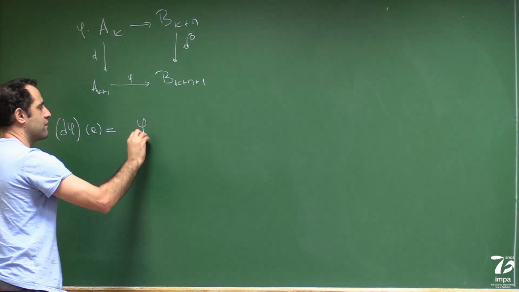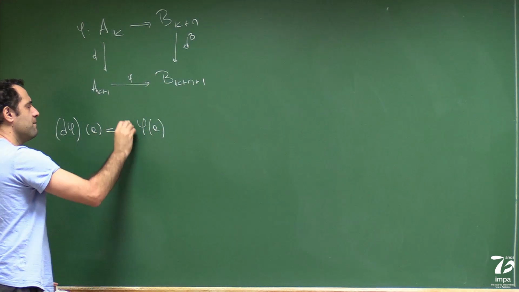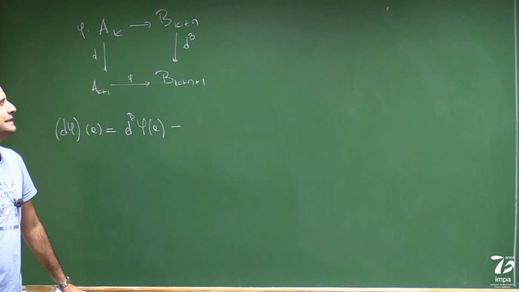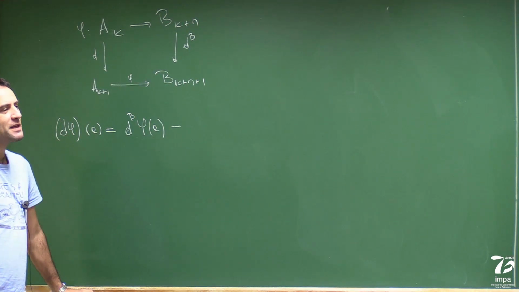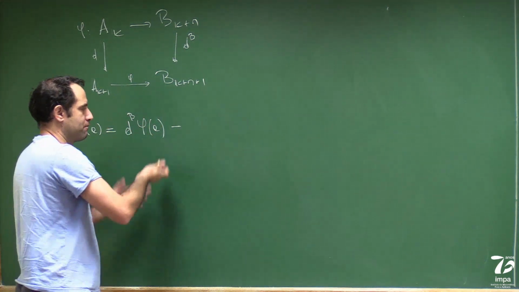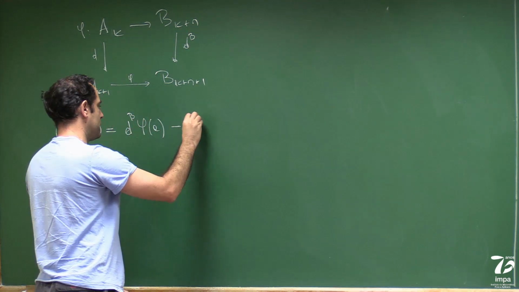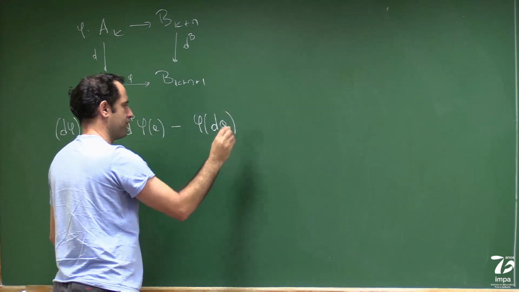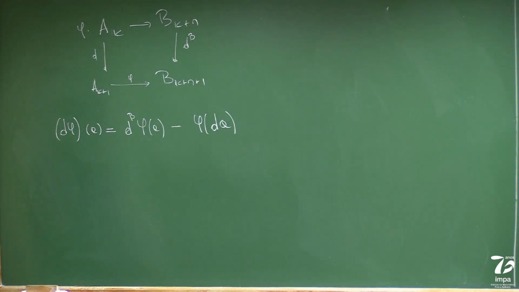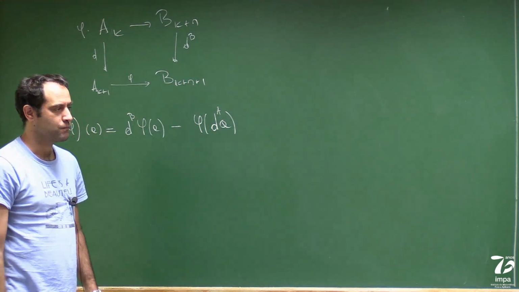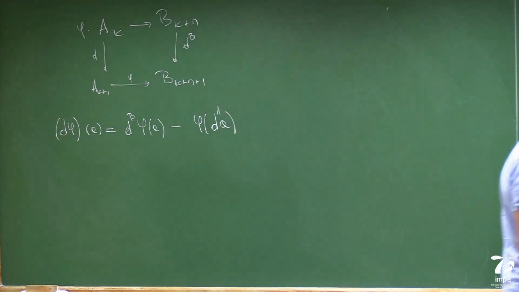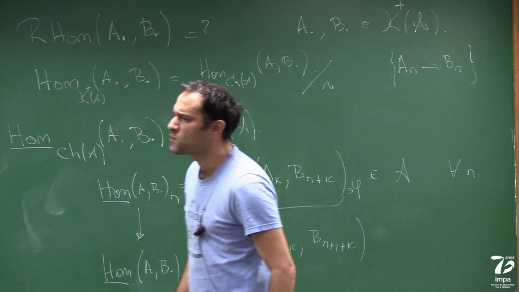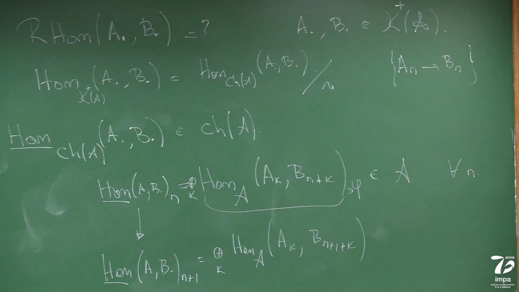It's going to be either phi of a and then apply dB, here it's going to be a sign choice. I'm going to make this one because I'm not going to care about signs. But I will use phi of d of a, where d is in the complex A. You might want to add a sign, minus 1 to the n, and probably that's the usual one.